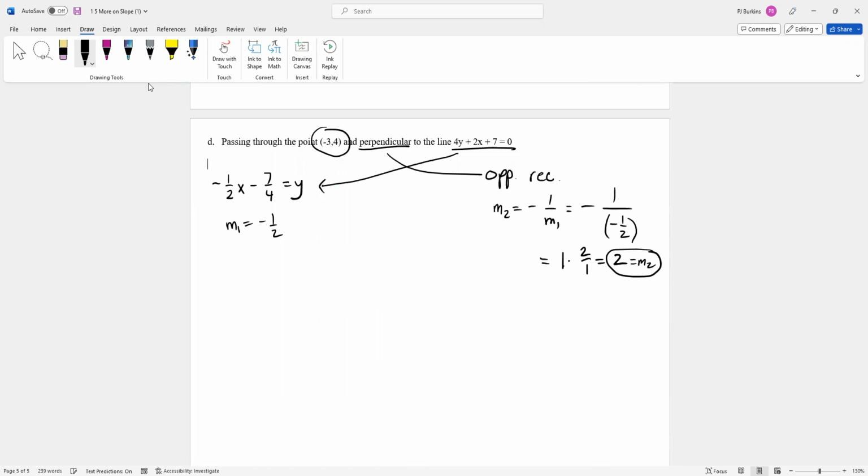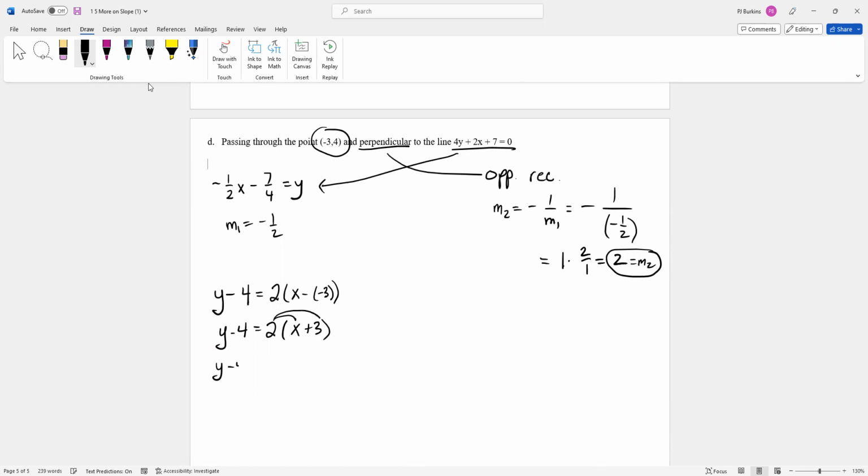I have a point that it goes through. I can do point slope formula. So y minus y1, which is 4, equals the slope 2 times x minus a negative 3. This is really x plus 3 in here.